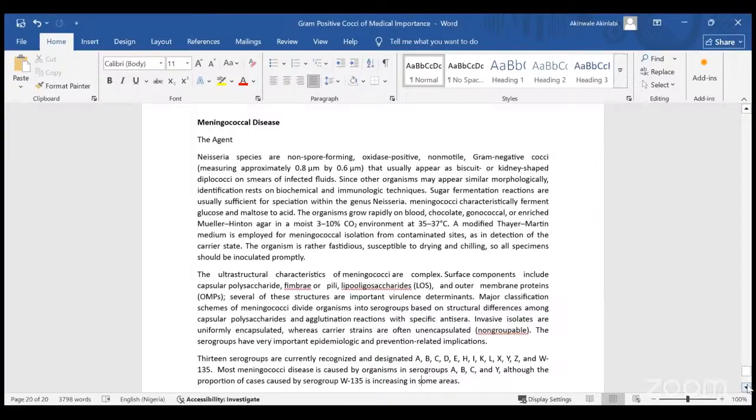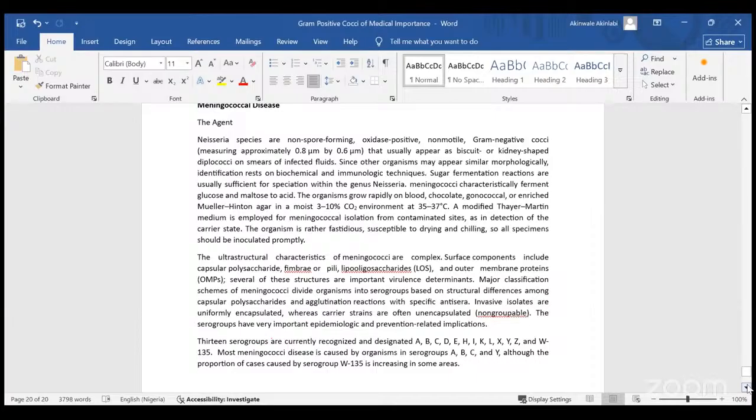These are the virulence factors, because these are the things that enable Neisseria meningitidis to evade the immune system of the body.